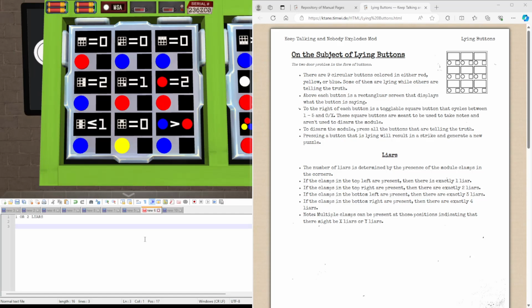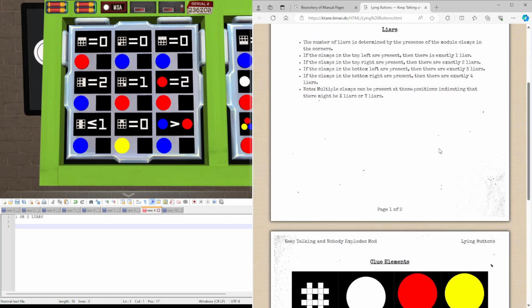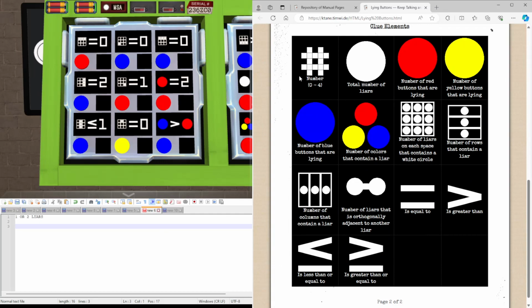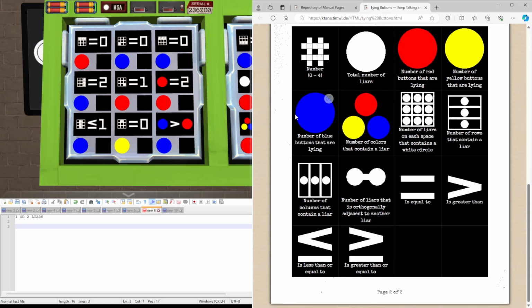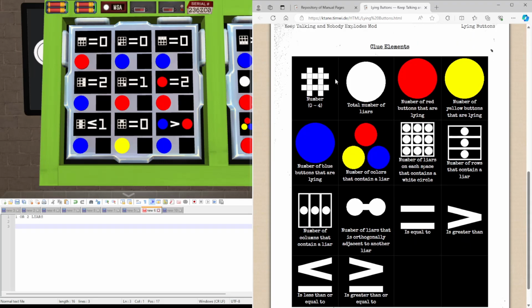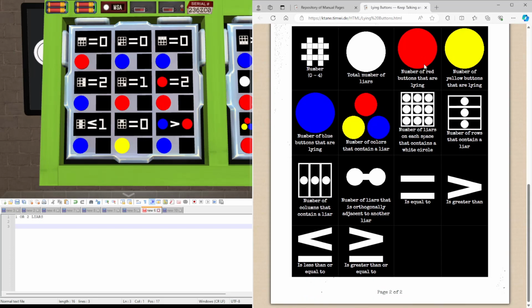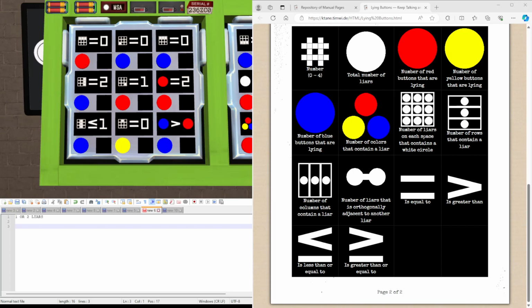But let's note down what each of these statements means, using this clue elements table or diagram to tell you what each thing means. So this top one means top row has no liars. The second one means specifically the bottom left isn't lying.